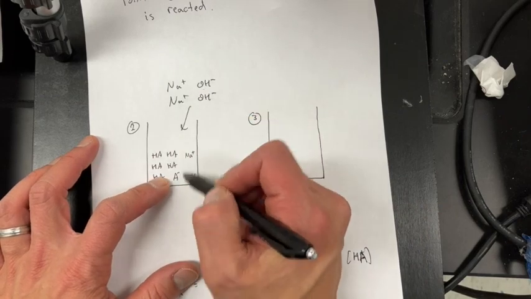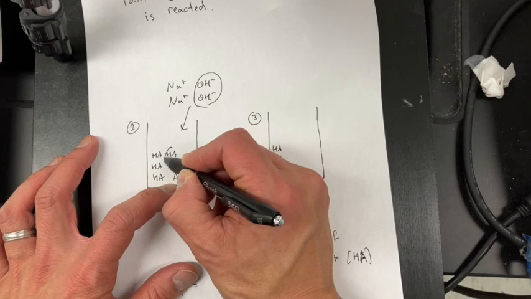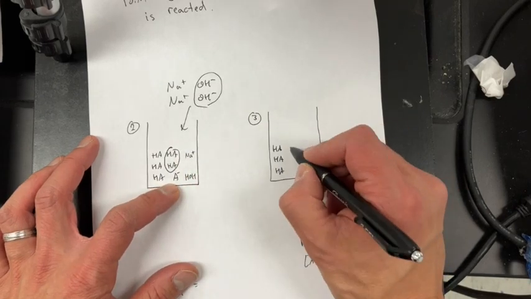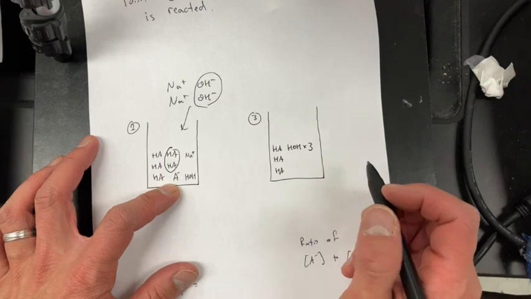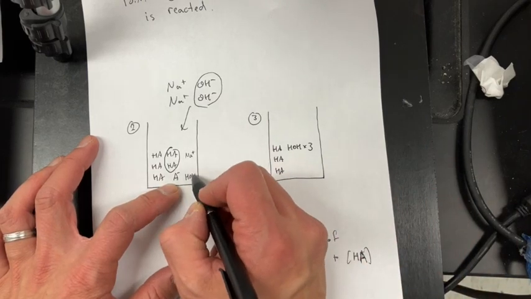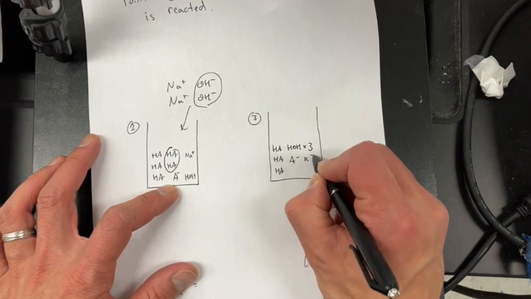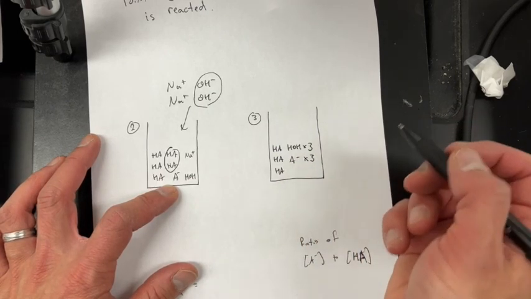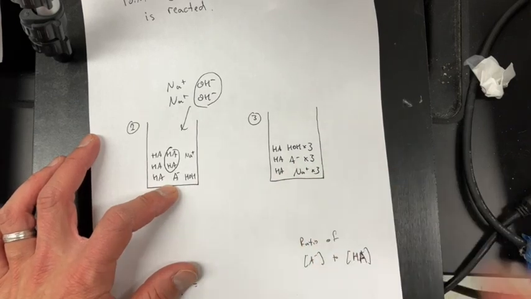I have 3 water molecules now because these OHs are gonna react with these over here. So I'm gonna have 3 water molecules, so water times 3. And then I'm gonna have 3 A negatives, so A negative times 3. And then I also have Na plus times 3.